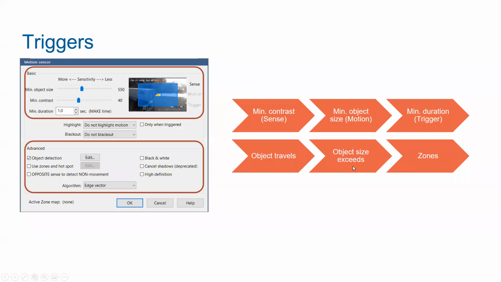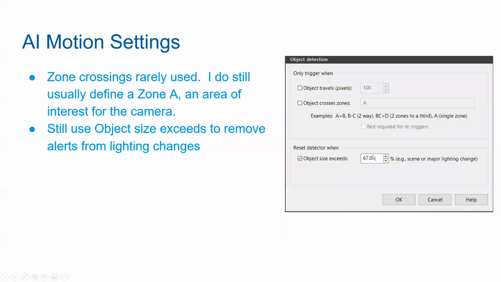I still keep this one, just because if there's a big lighting change, like if the motion sensors can block that out, why waste resources and send it to AI that will also probably cancel the alert? If the motion sensors can do it, why not just have it still do it? So that's why I leave this one on.